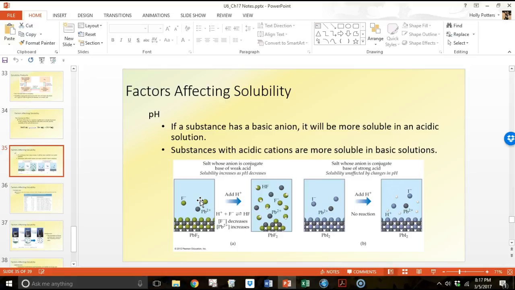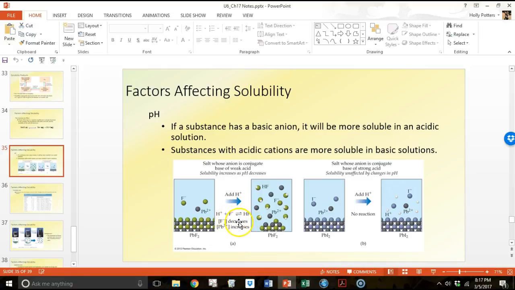The other thing that can happen, as we've talked about, is the hydrolysis of ions from weak conjugate acids or bases. Kind of a similar idea here. We see depicted, if I have lead(II) fluoride, the fluoride ion we can trace back to being a conjugate weak base from the weak acid, hydrofluoric acid.